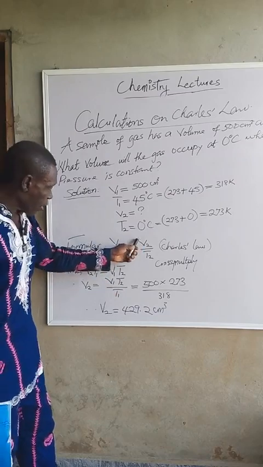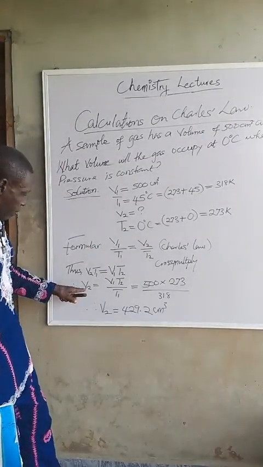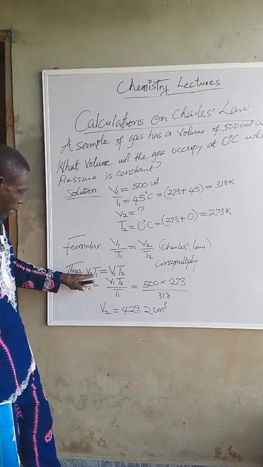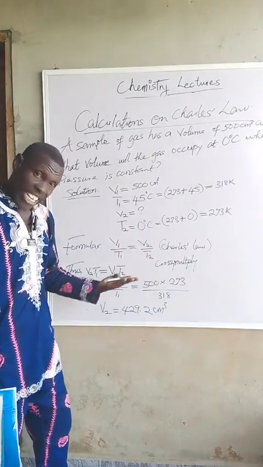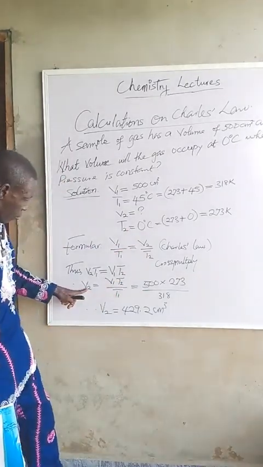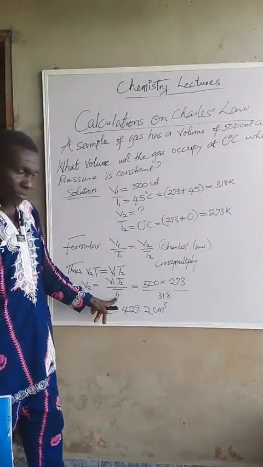Now we are looking for V2, the subject of the equation. So when you take V2 out of this entity, T1 has to cross the equality, and when you cross it, it becomes a denominator. That's why you have V2 equal to V1 T2 all over T1.